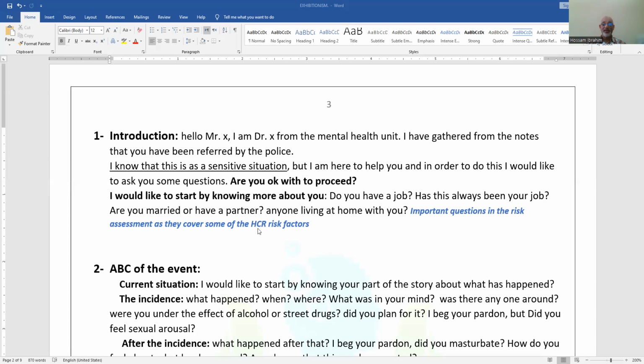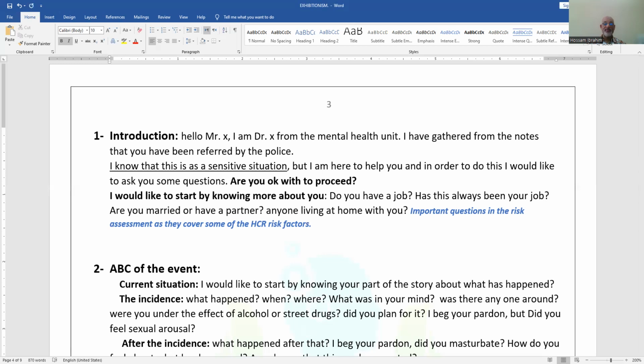If you look at the history and the clinical risk assessment, all these are important points in assessing the risk. It also covers the social part of the patient's history.